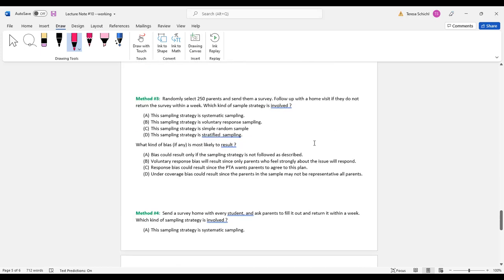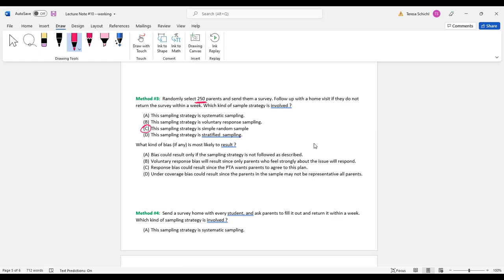Okay, let's take a look at method number 3. Let's say I randomly select 250 parents and send them a survey, and follow up with a home visit if they do not return their survey within a week. What kind of sampling strategy is this? This is what we call a simple random sample, right?